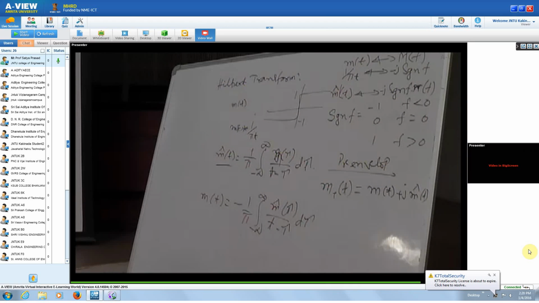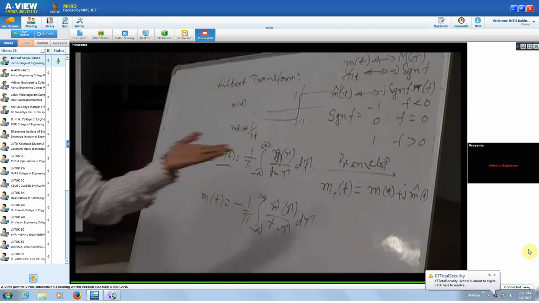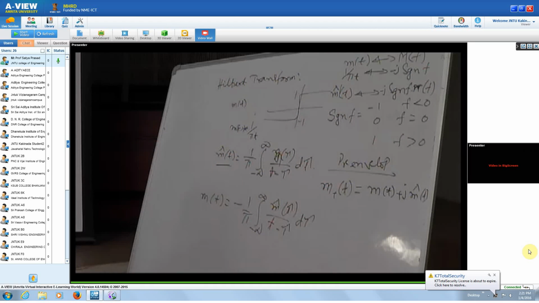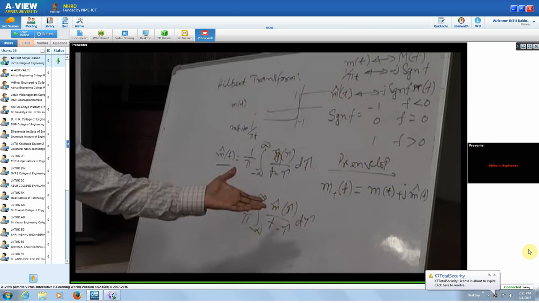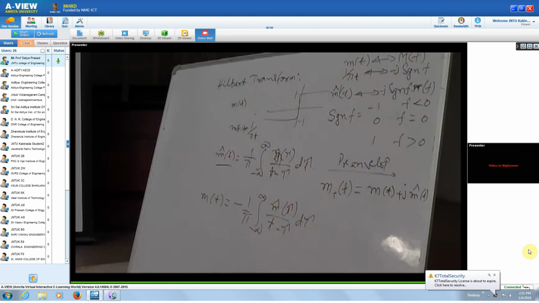So we are defining a function g plus of t as the pre-envelope of the signal m of t. So m of t plus j m hat of t, that is the signal plus j times the Hilbert transform of the signal.